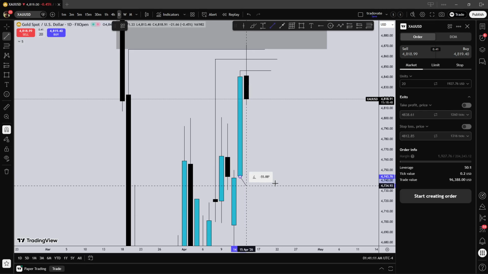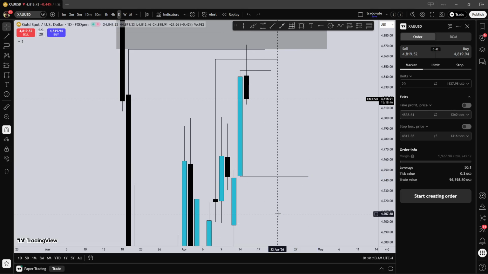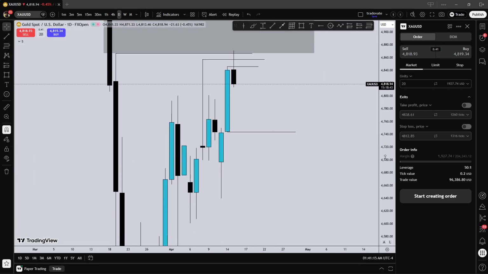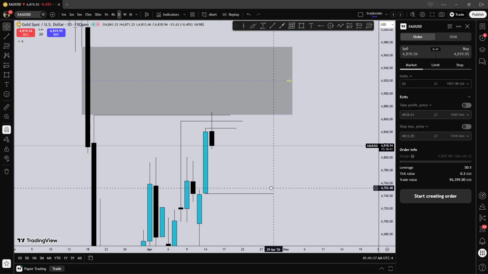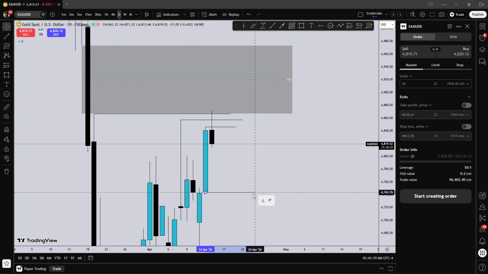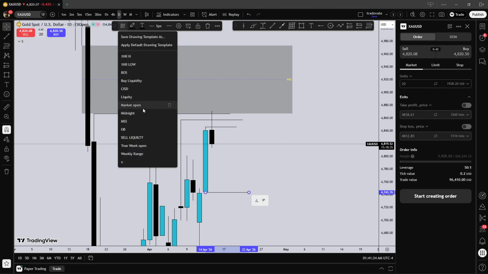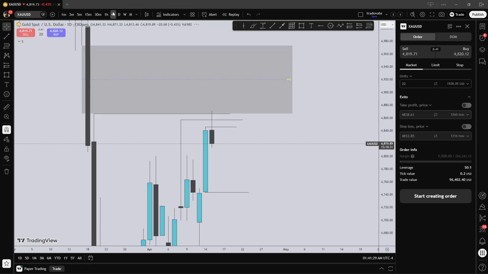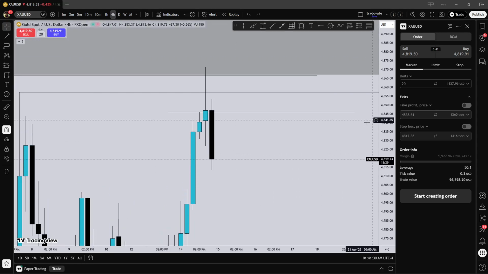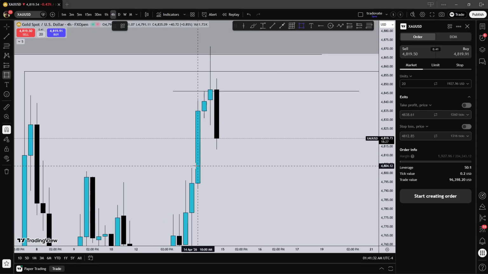Previous day low. We also had a 4 hour fair value gap.